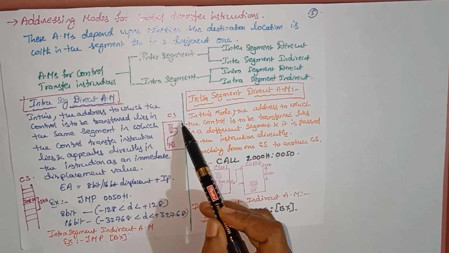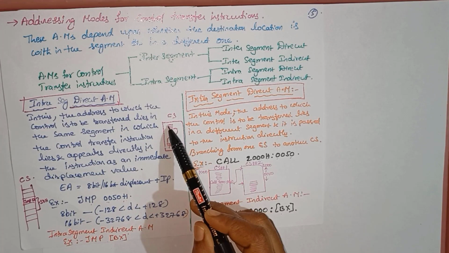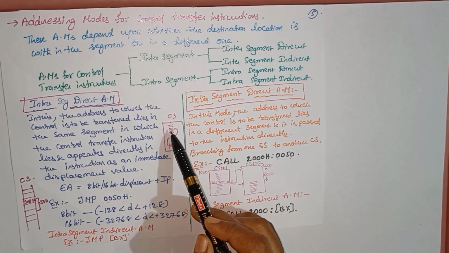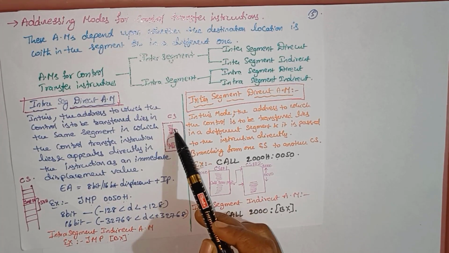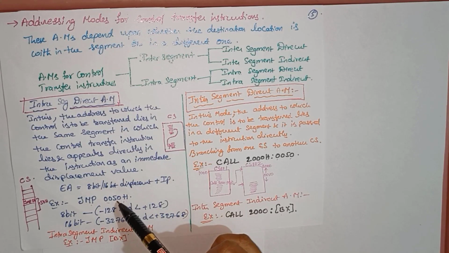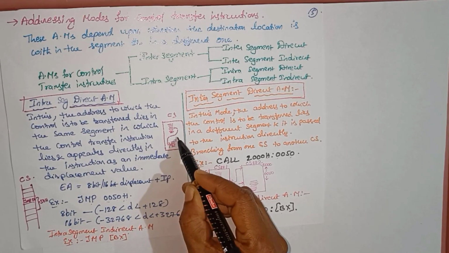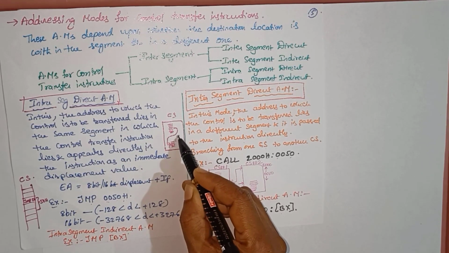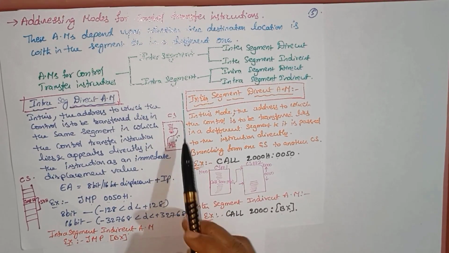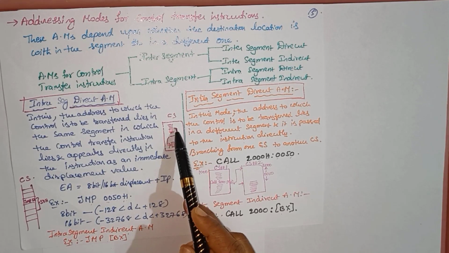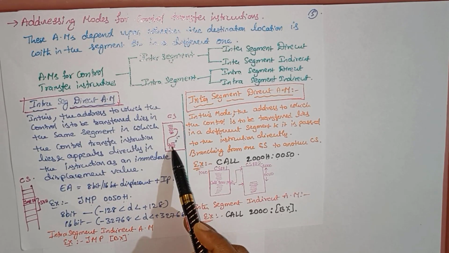So this is one code segment, and this is the main program. Whenever jump occurs, then jump to the specified location 50. This 50 will be added to the IP, then the processor or control jumps to the specified address.